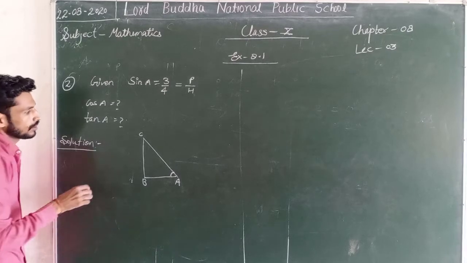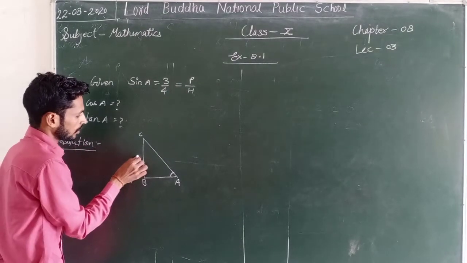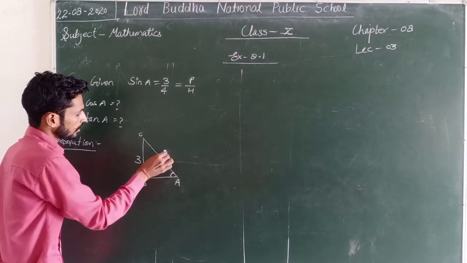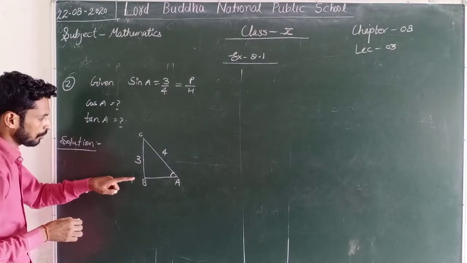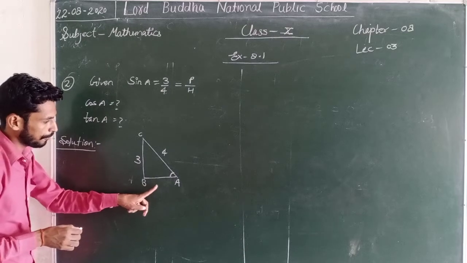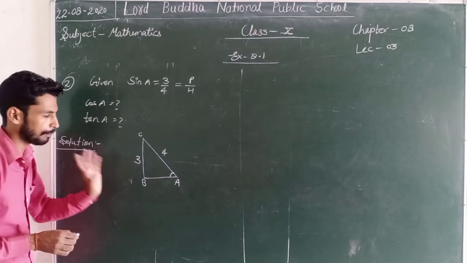Okay, so perpendicular is 3, hypotenuse is 4. So we have to calculate the value of base, that is AB.